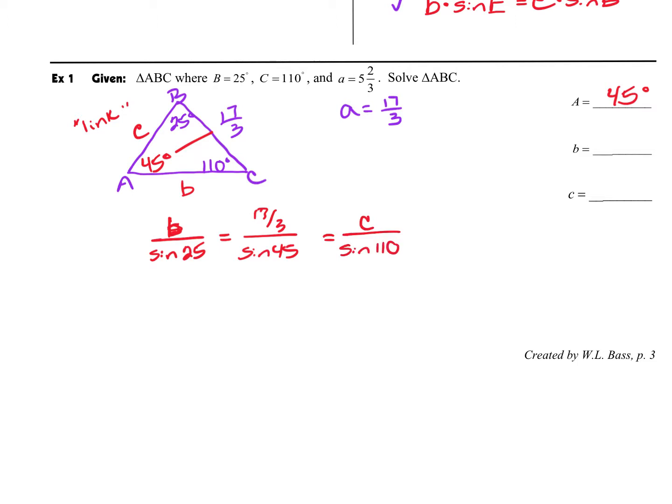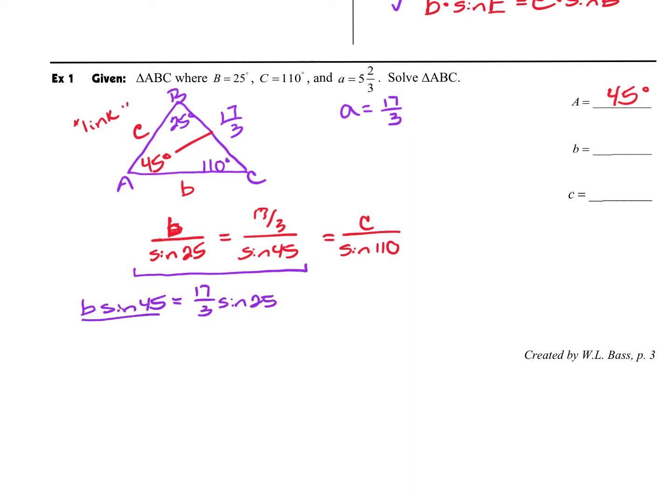Okay, now what we can do is start to break this down into little proportions, ignoring one of the ratios. So for example, if I take these two right here, ignoring this one over here, if I were to solve this, I would cross multiply, and I would get B times the sine of 45 equals 17/3 times the sine of 25.